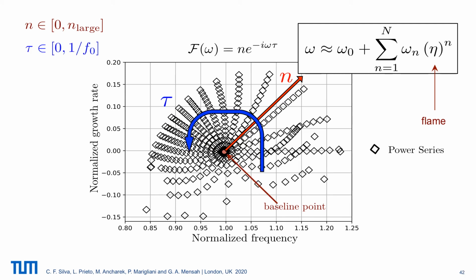Now, when we change the time delay, in this case from 0 to the first period of the acoustic mode, we see that these trajectories then will be shifted in this counterclockwise direction. So in this case, we'll see from here until there.